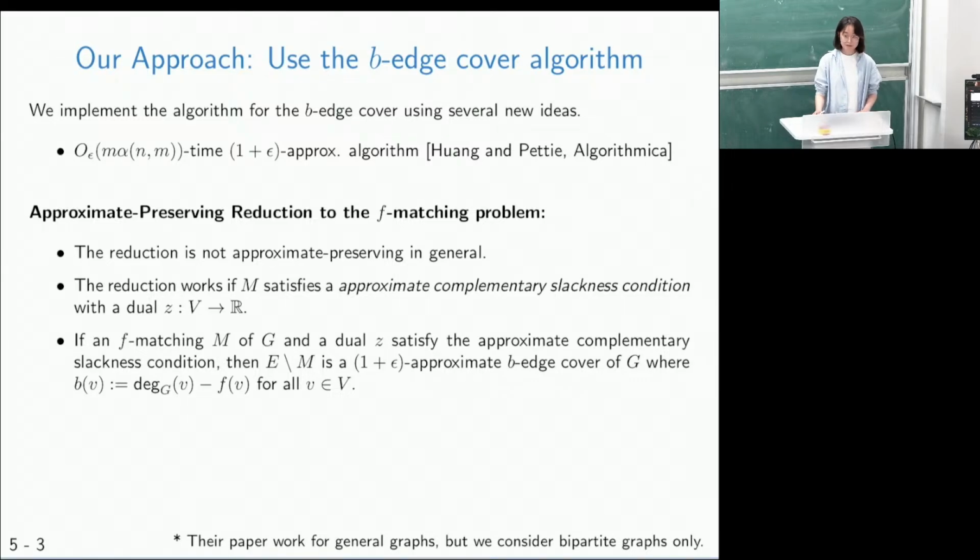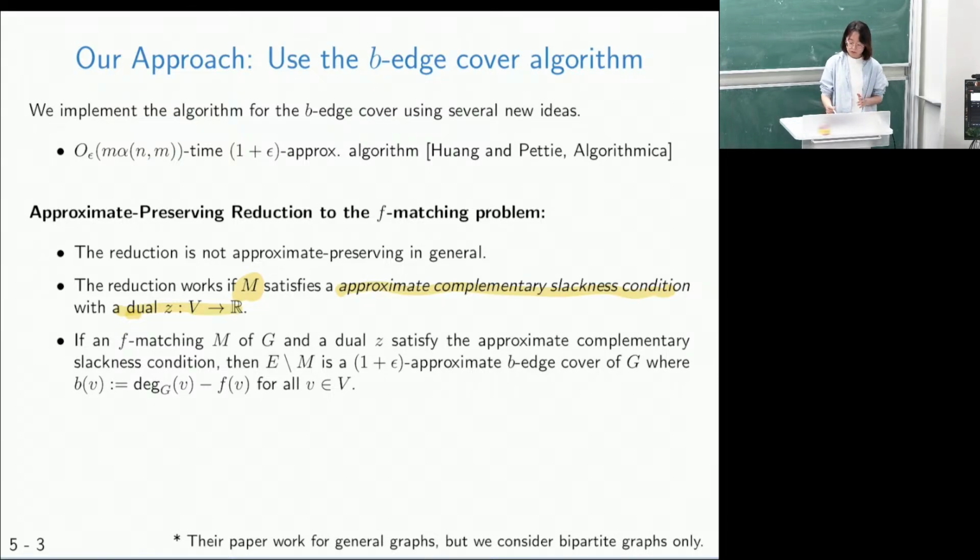So what is the approximate complementary slackness condition? Its definition is quite complicated, but it is not important for our purpose. The important thing is that if you have a matching and a dual, and they satisfy a certain condition, then the reduction works.